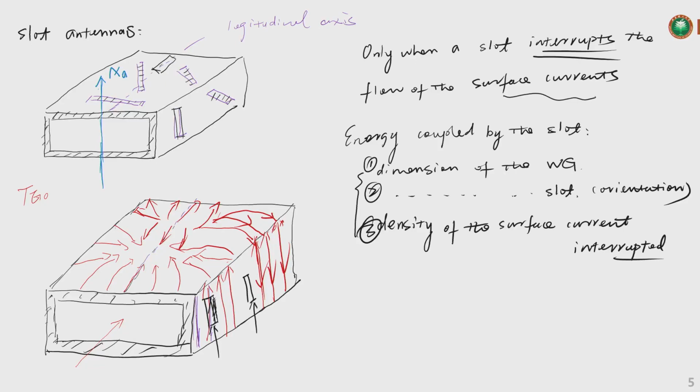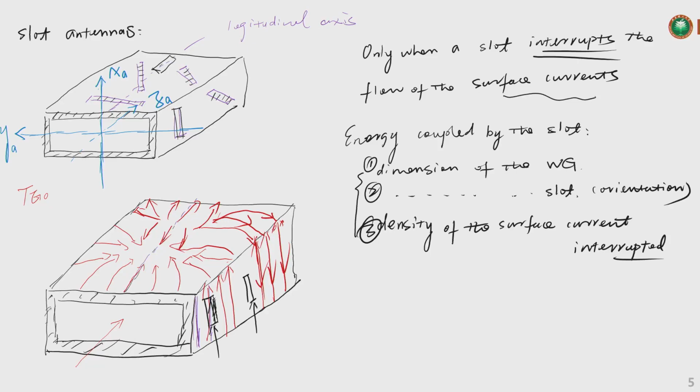We use a subscript a to represent this, just for the straight guide, and this direction is y_a, the y-axis, and this direction is z_a, the propagation direction of this guide.